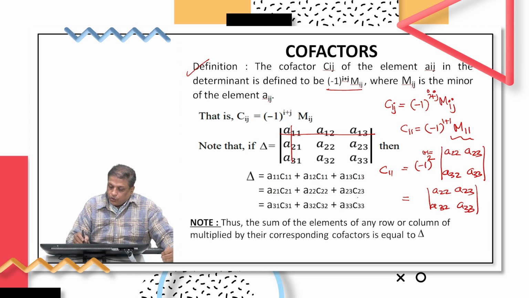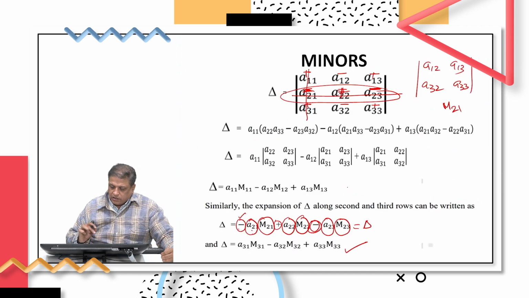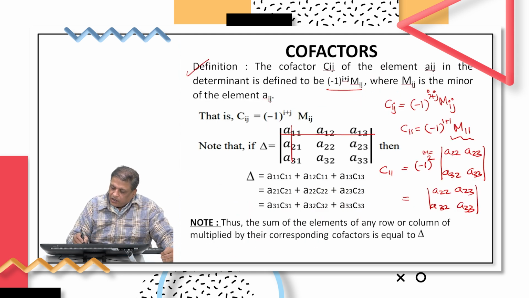Because in the last slide, you had seen that there is a change in sign. Plus, minus, plus, minus, plus. So in order to maintain the consistency of the sign, minus 1 to the power i plus j, the first element is positive.